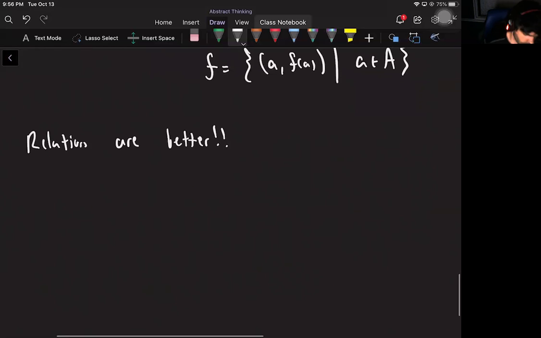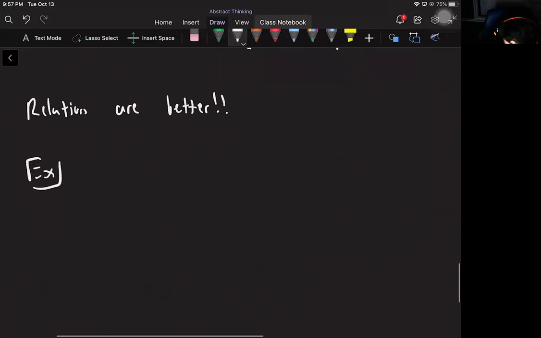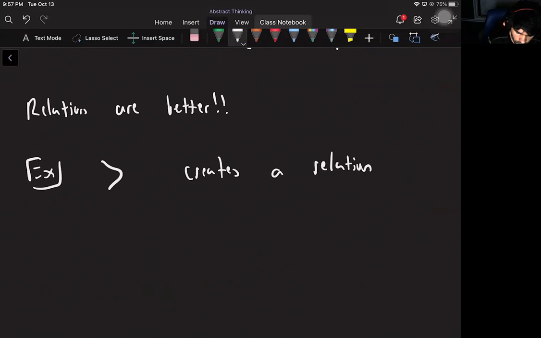Okay, so let's think of other examples that are not related to functions and that are not just me drawing pictures that create relationships. So here's another one. Greater than creates a relation from R to R. You can also do from Z to Z or Q to Q if you want.